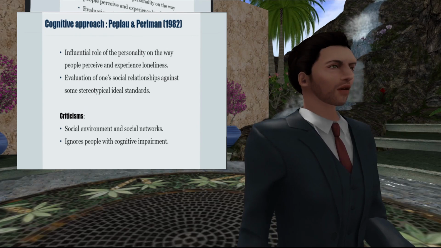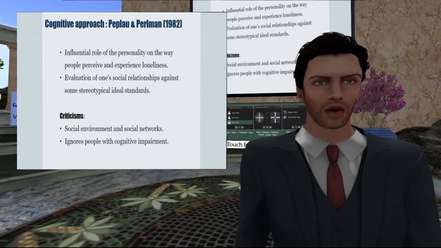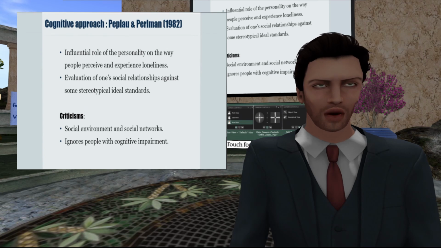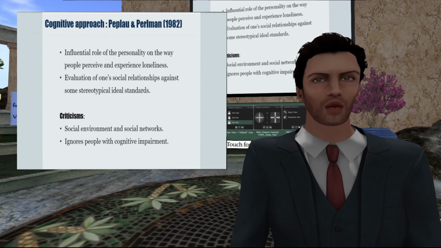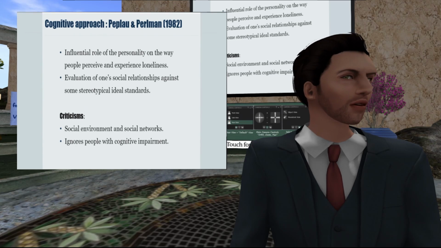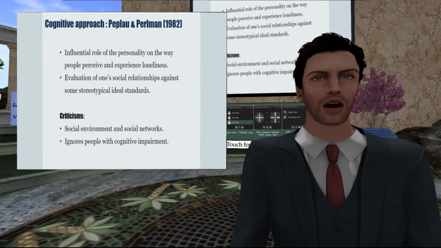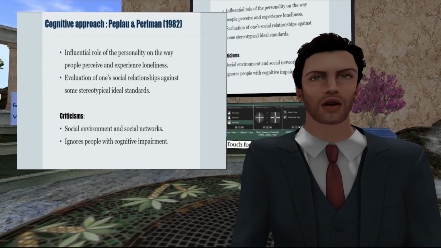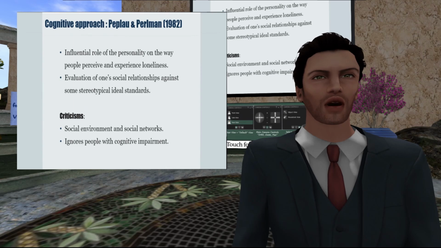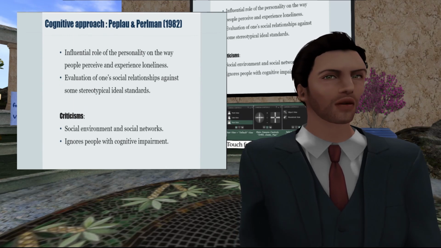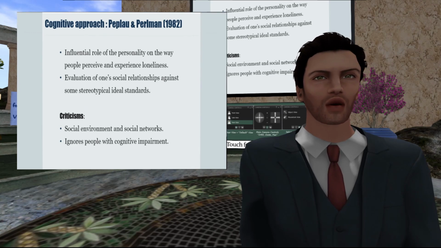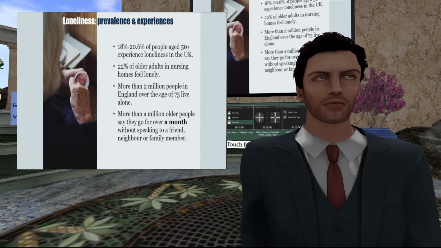And it says that it's the evaluation of one individual against some stereotypical ideas. So I might live alone, but I'm not lonely. Yes, I'm not married. Yes, I don't go to church or to any of my religion. But when I'm at work 12 hours a day, I have plenty of people and I talk with everyone. So it brings back to how you live and how you feel with loneliness.